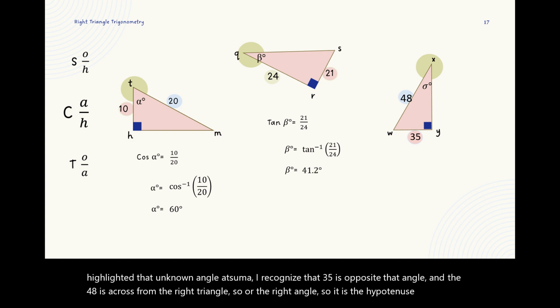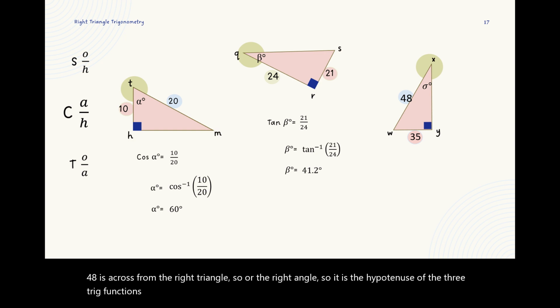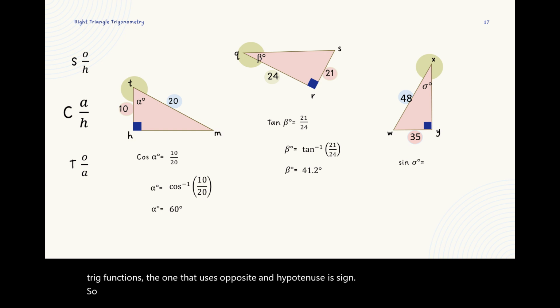Of the 3 trig functions, the one that uses opposite and hypotenuse is sine. So opposite, we have 35. Hypotenuse is 48. So the sine of theta is 35 over 48.